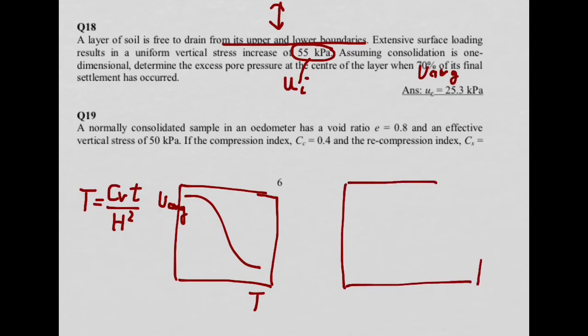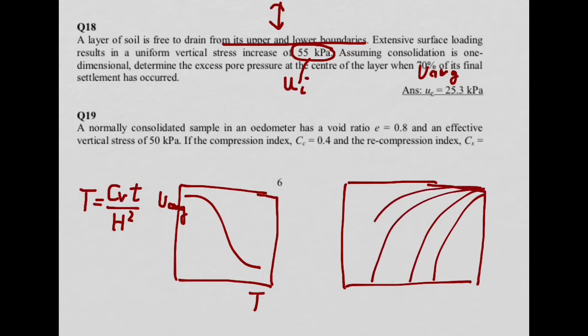What is the third tool that we have? It is the isochrones, guys. In these isochrones, we have the distributions of the excess pore water pressure through the layer with time, and these lines represent time factor 1, time factor 2, time factor 3, time factor 4, and so on.